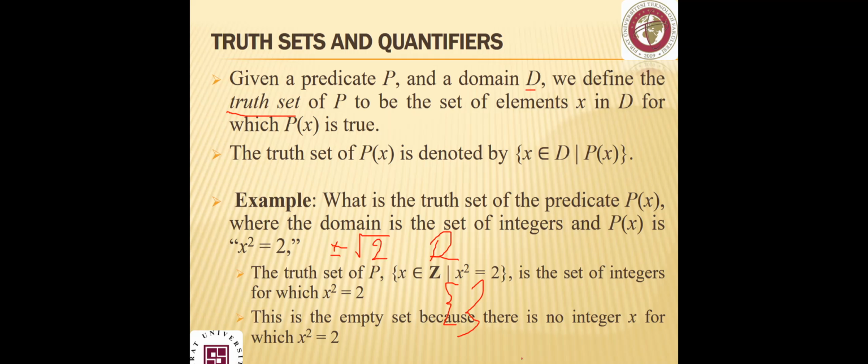That means a set of minus square root of 2 and plus square root of 2. That could be the set in case of R, real numbers. That's possible. But for integers, of course, these are not defined.